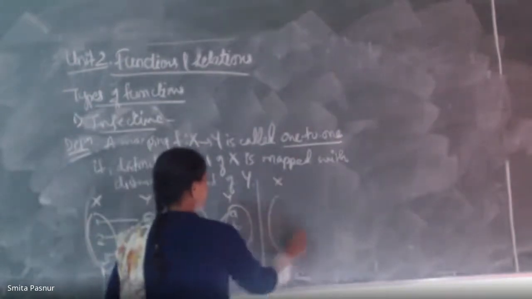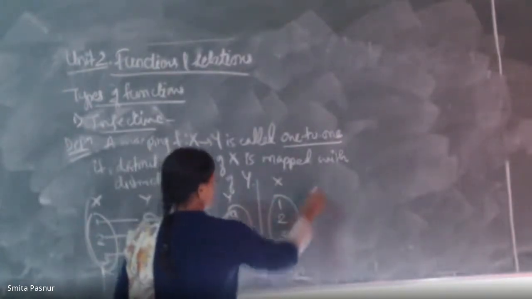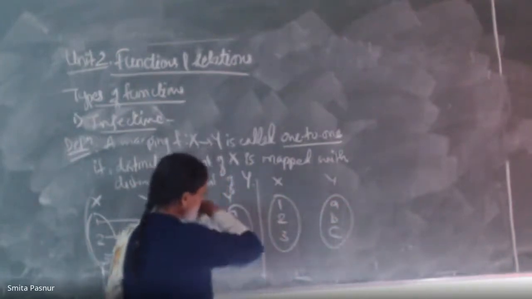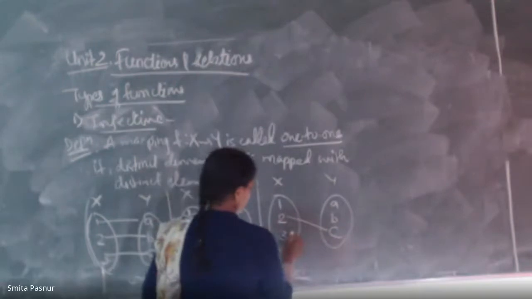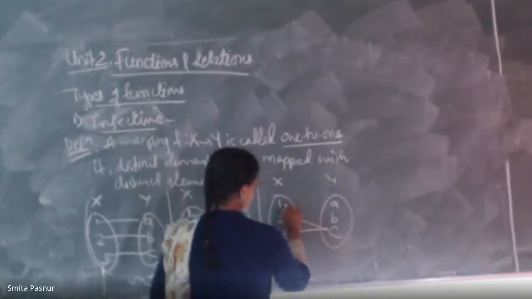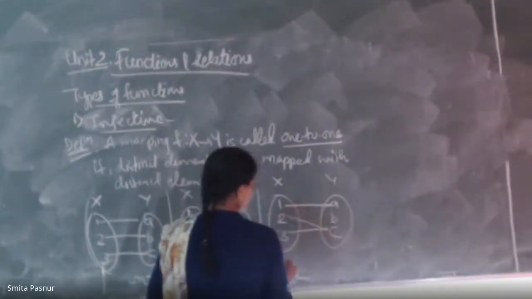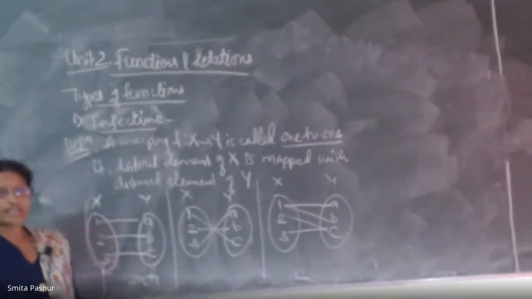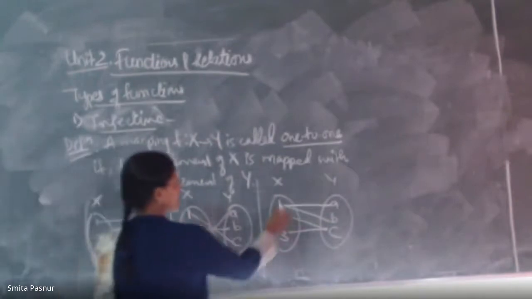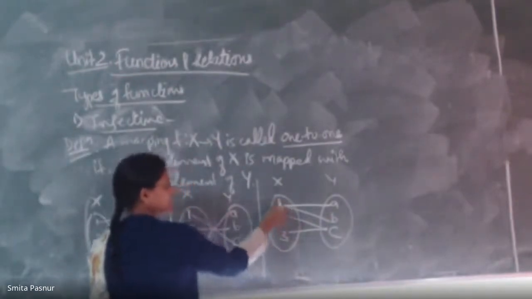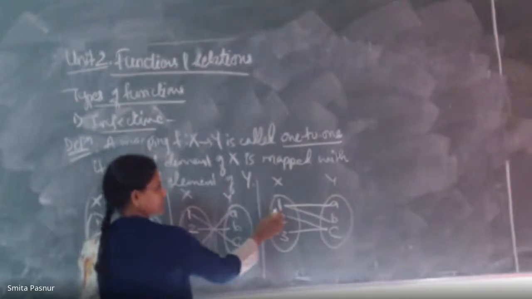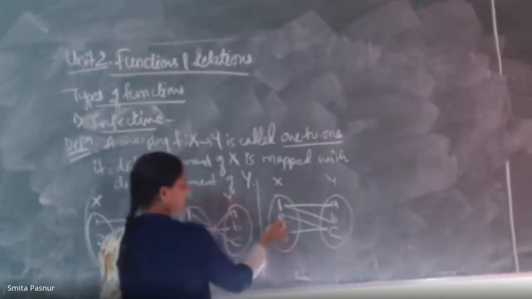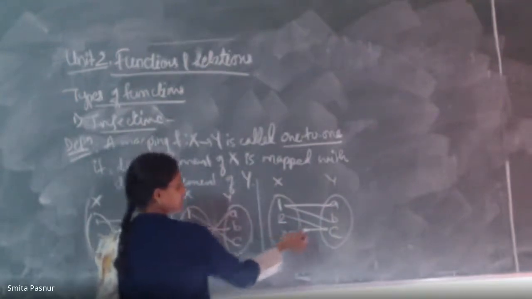Then which is not a one to one function? Suppose this example: here one element of x is connected to two elements of y, and both these elements are connected to one.